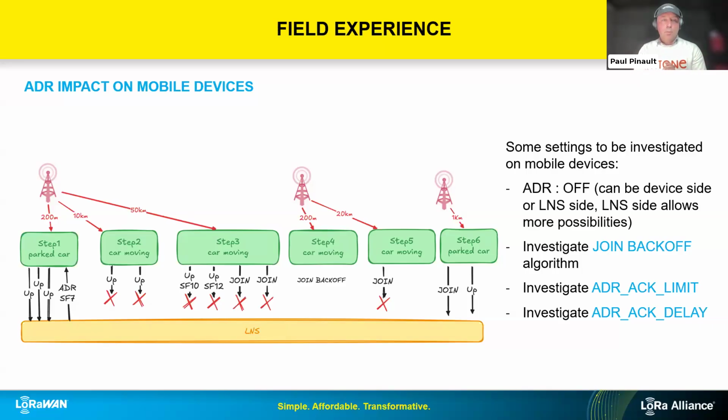If people don't want to go in that direction, I think that deactivating ADR is not the best way, because it's good to have ADR. So one solution is not to deactivate ADR on the device, but to use a profile on your LNS to deactivate the ADR on the LNS.